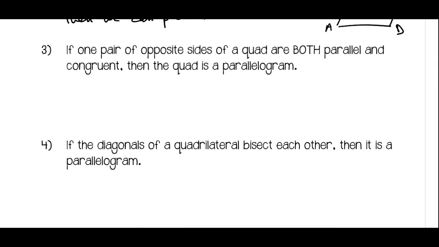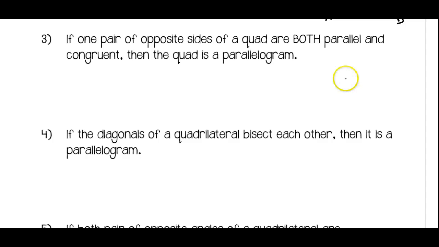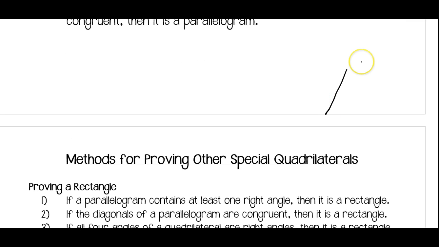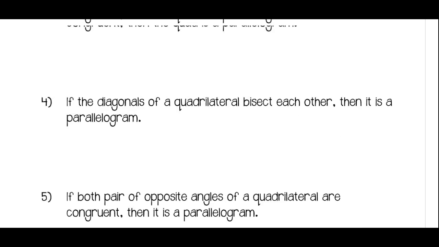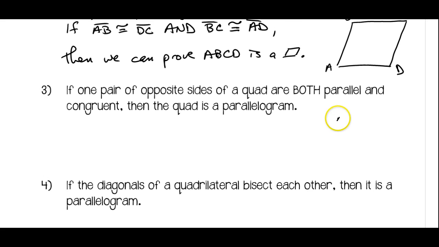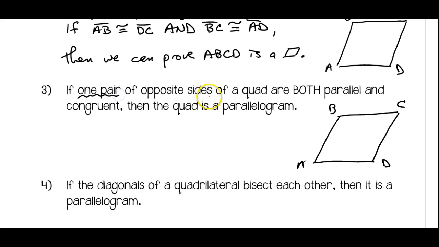The third one's a little bit different, and this is one of the more popular methods. Again, I'm going to start with my generic parallelogram here, A, B, C, D. It says one pair of opposite sides of a quadrilateral are both parallel and congruent. So we only need one pair of opposite sides in this case, but we need to get that pair of opposite sides parallel and congruent.